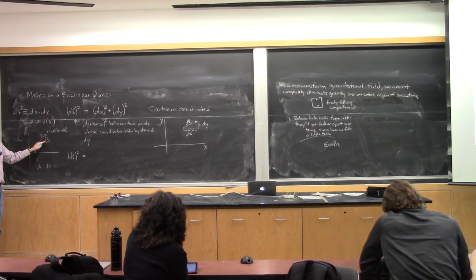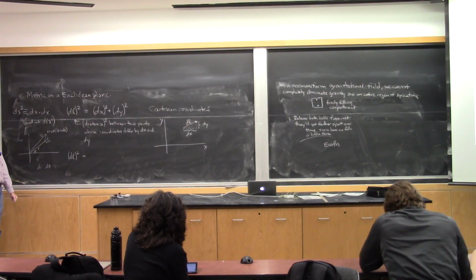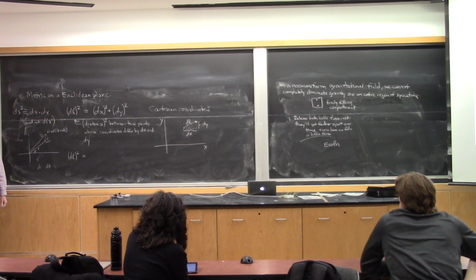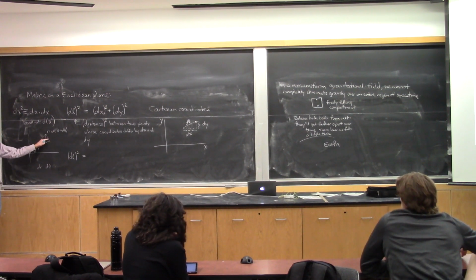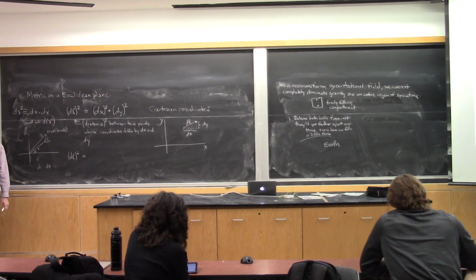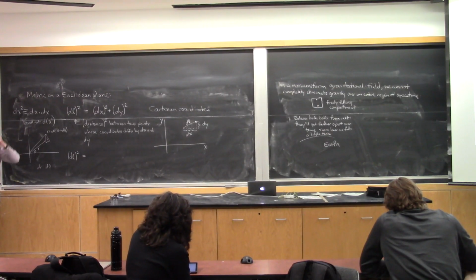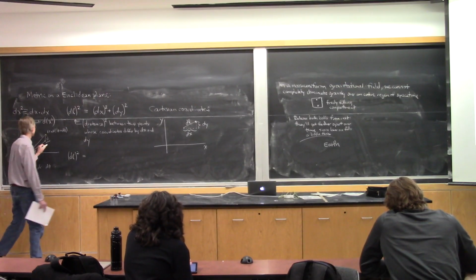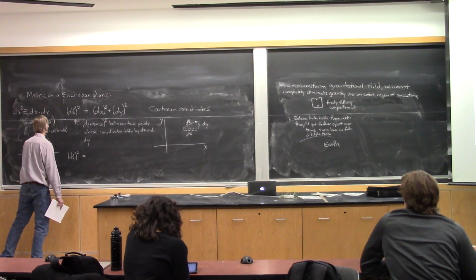In other words, is that the change in the r coordinate, change in the theta coordinate, or something else? What's that right there? That's dr. That's how different they are in their distances from the origin.